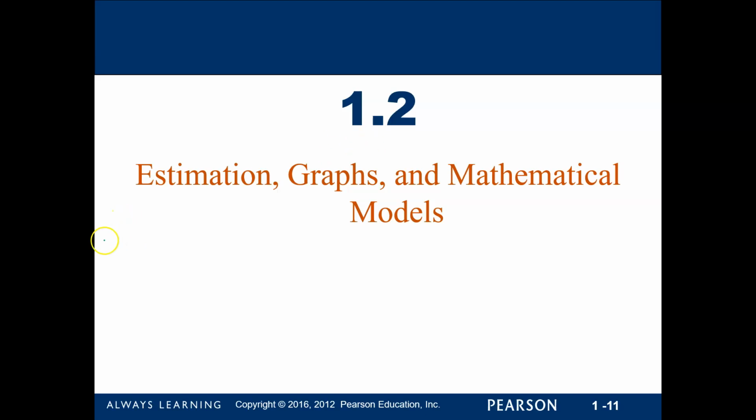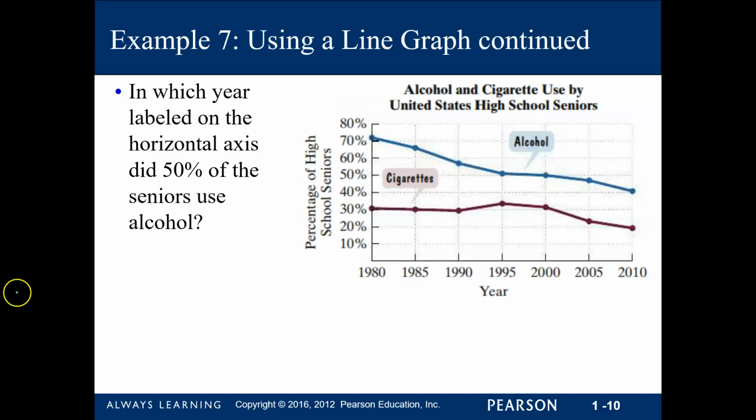So, like I said, I would like to make a correction about this particular example here because I realized the mistake that I made after I already completed the video. We got the 50% of seniors that used alcohol. It is not 1995.